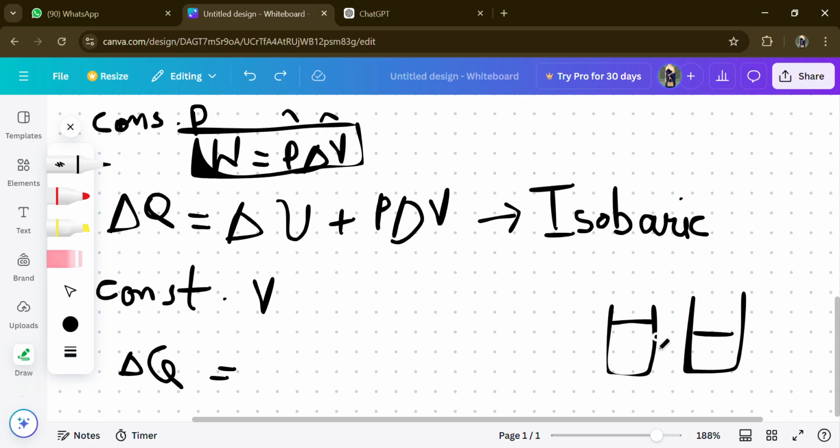This is called the work done. If we keep the volume constant, there isn't any work done. So all the heat provided to the system turns into U, the internal energy. And we often see this situation in the isochoric system.